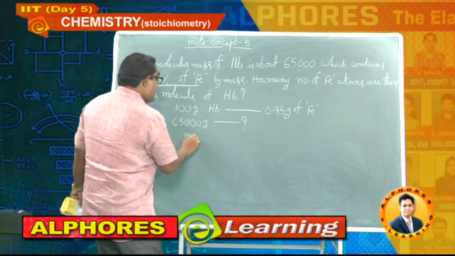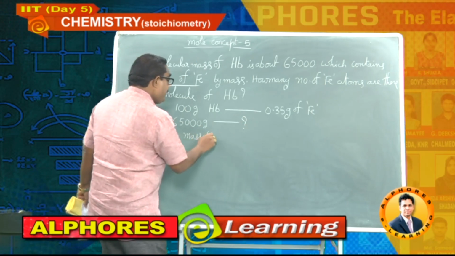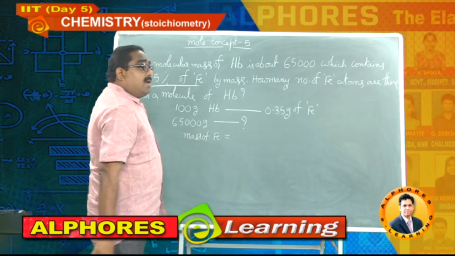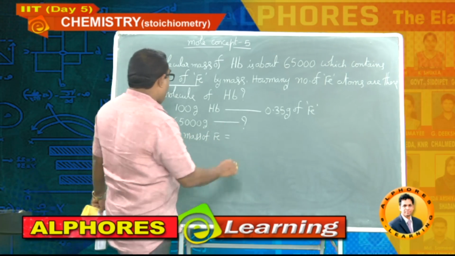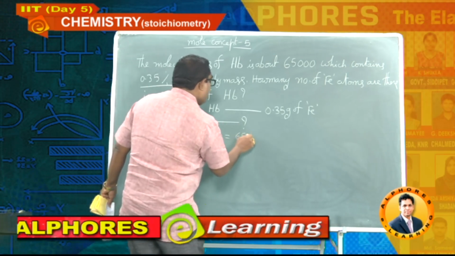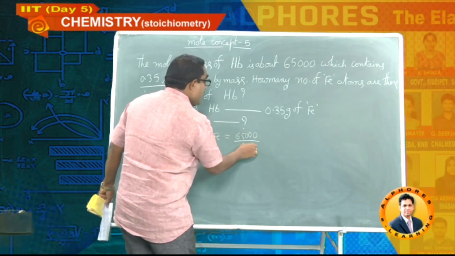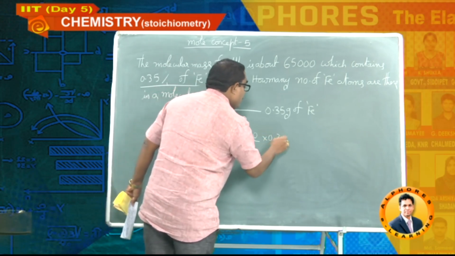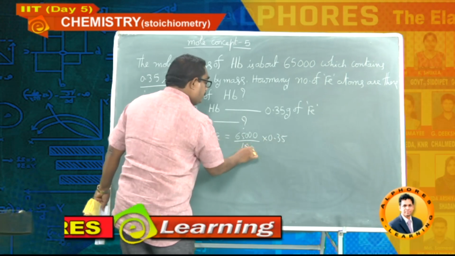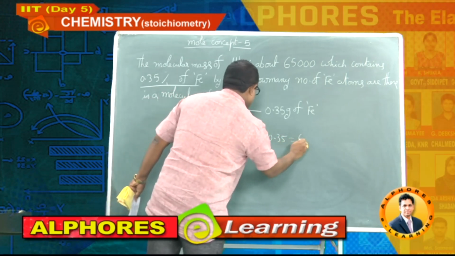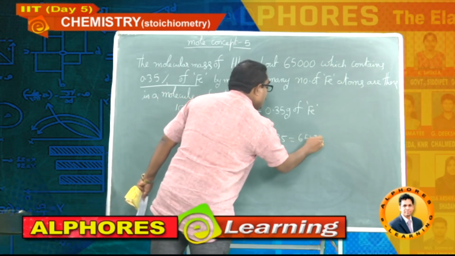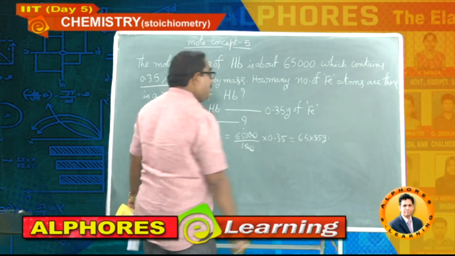Now, the mass of iron in the molar mass of hemoglobin is 65,000 divided by 100 into 0.35. That is simply 65 into 3.5 grams.